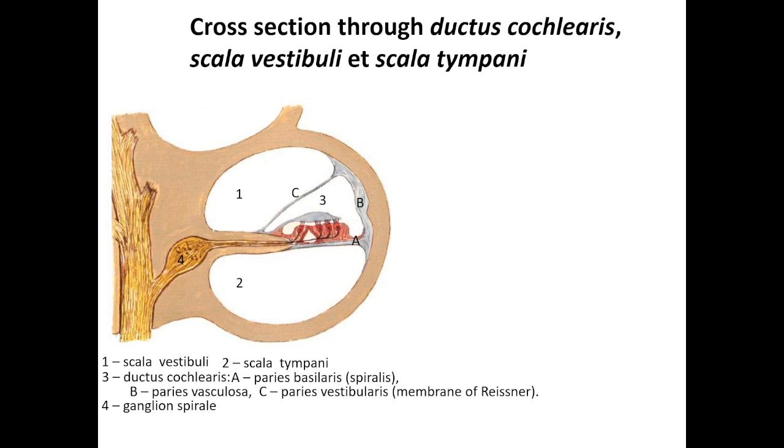Ganglion spirale is the place where nerve fibers have a body of cells, the so-called perikaryon. And now number 5, it is nervus cochlearis. It passes through the modiolus.